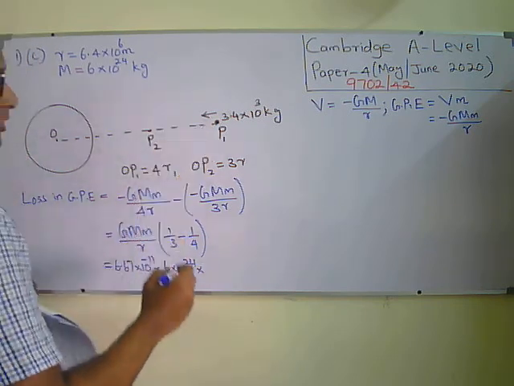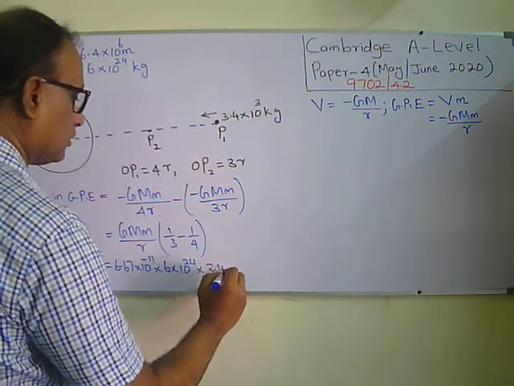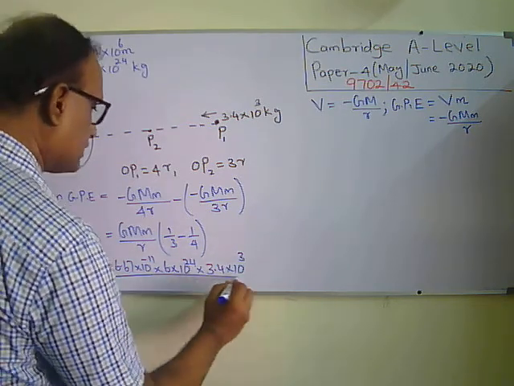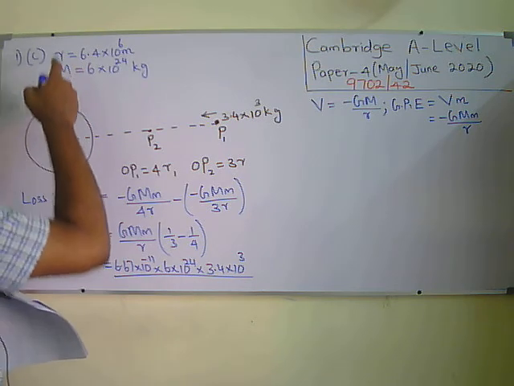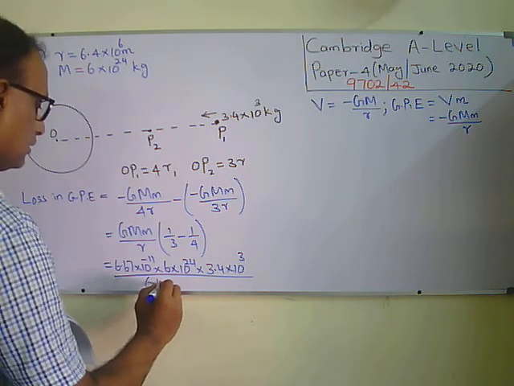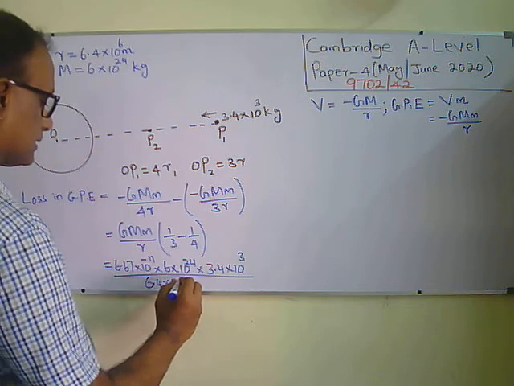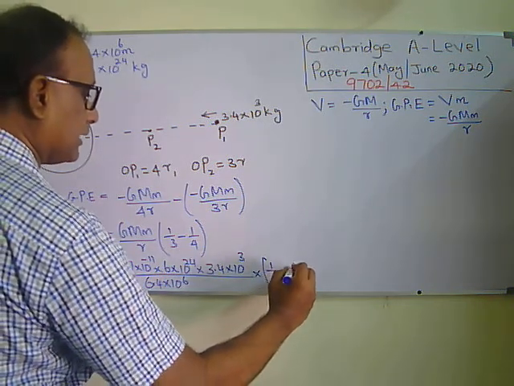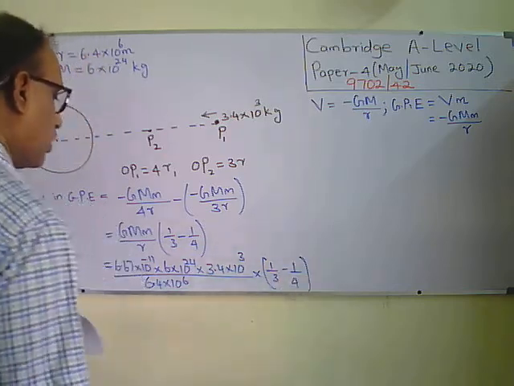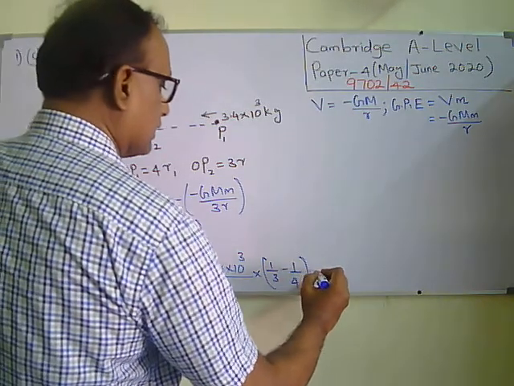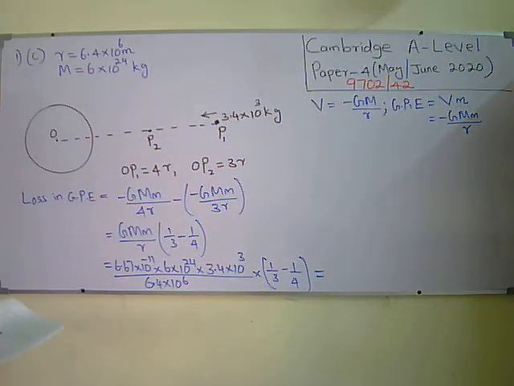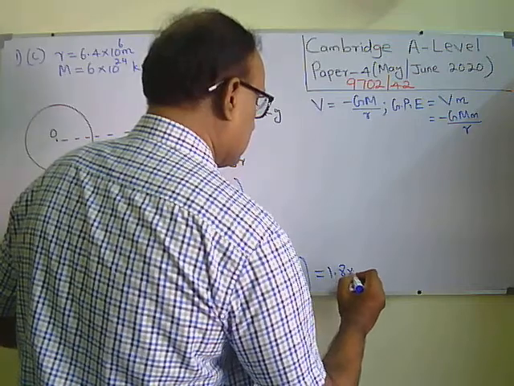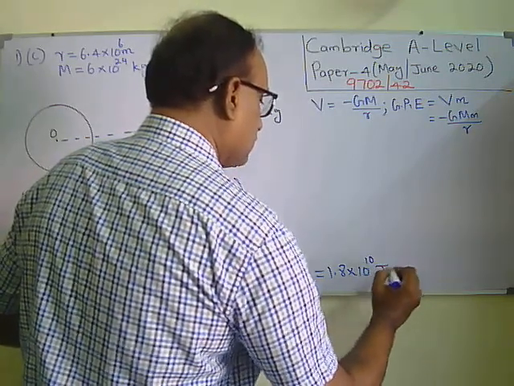Symbol m is the mass of the rock, 3.4 × 10 to the power 3, divided by R, the radius of the planet, that is also given, 6.4 × 10 to the power 6, times within bracket 1 over 3 minus 1 over 4. Solve it, you will get the final answer. That is the loss in GPE, you will get 1.8 × 10 to the power 10 joules.